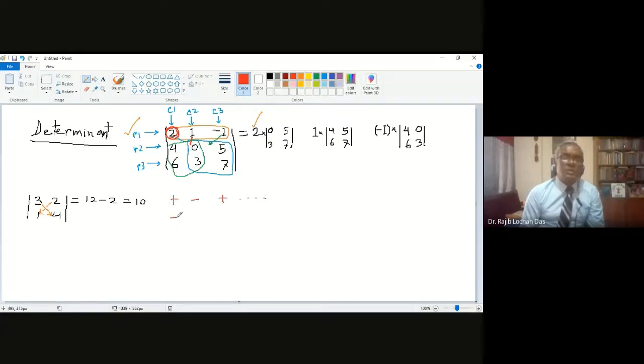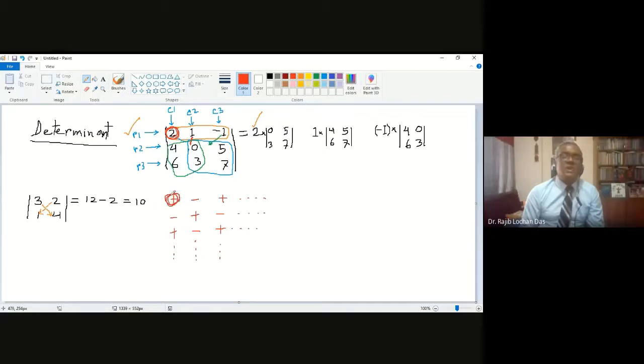So the next one is minus, then plus, then opposite. So it is plus, then minus, then plus. Like that, the starting sign is plus.